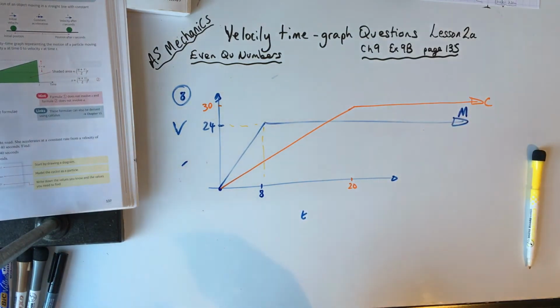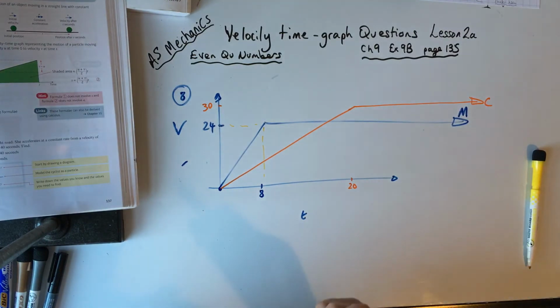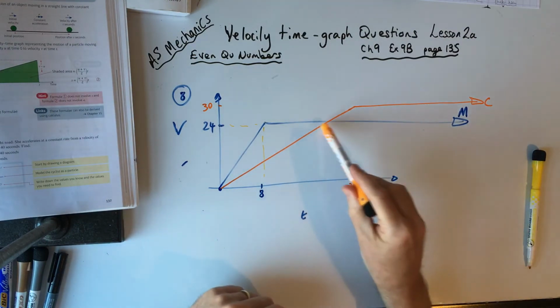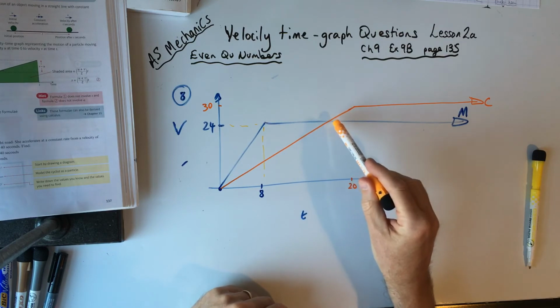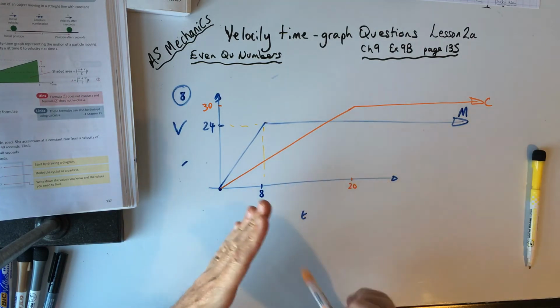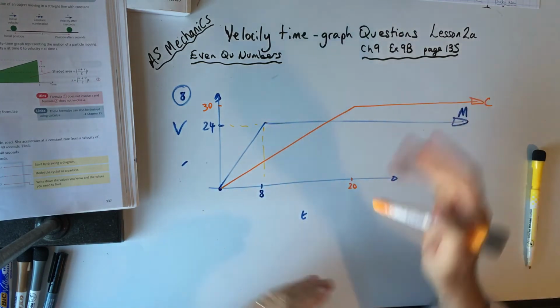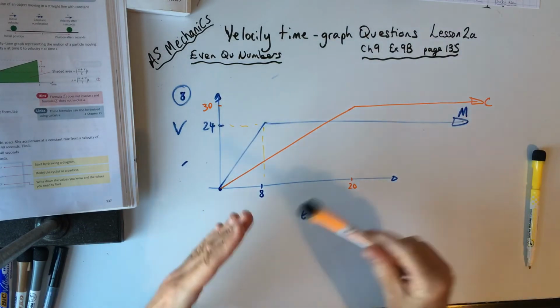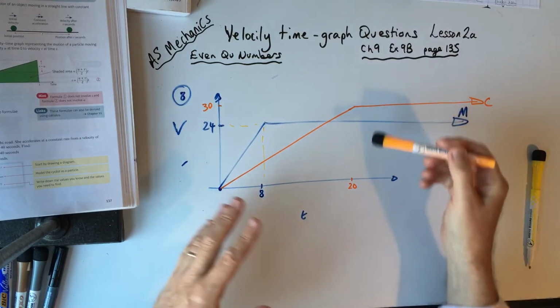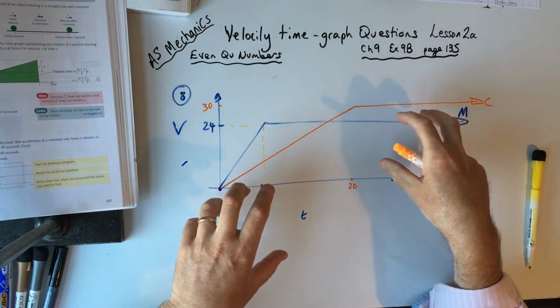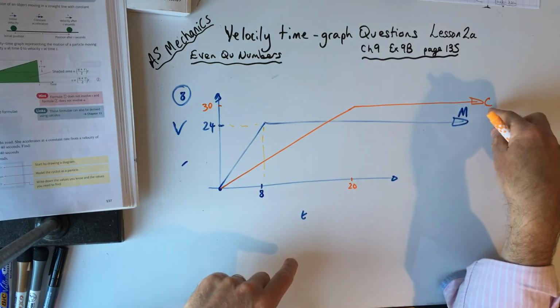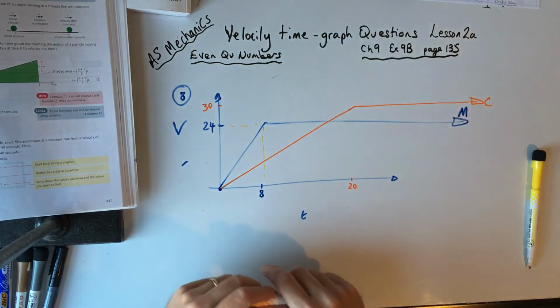That's called C there. Be careful with this one, because the fact that the graphs cross over does not mean that's the point where they cross over in the road. The point where they cross over is when the areas are equal. This is just one velocity-time graph superimposed onto another.